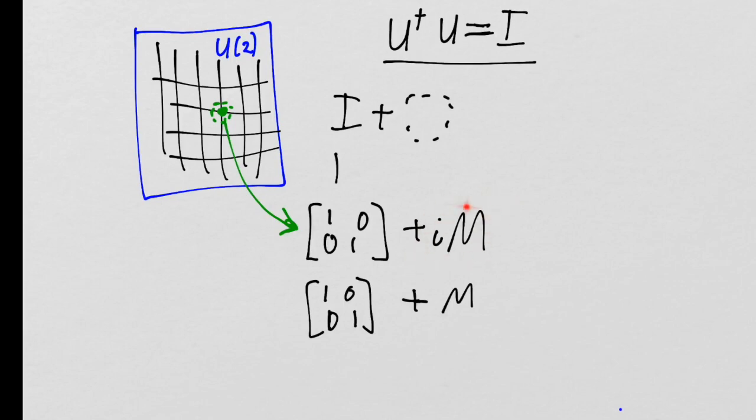Gilmore actually does it this way, but understanding that M is a matrix with complex entries, putting an I out in front is an arbitrary move, right? It's an arbitrary step. It doesn't really change everything because you could just change the matrix M to some other matrix, some other set of complex numbers, and you can absorb that I, right?